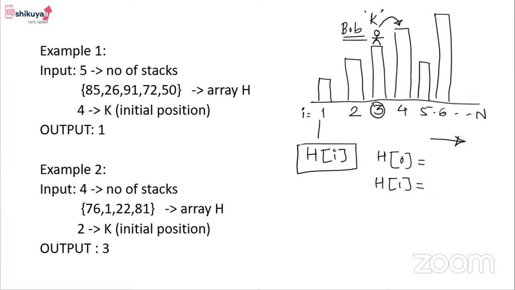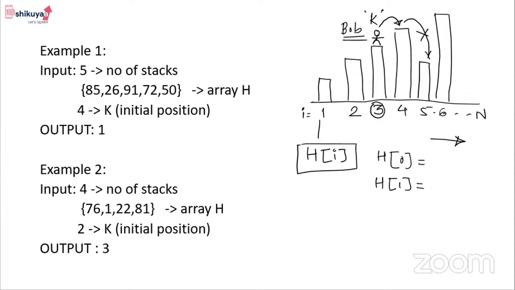Now, if you check over here, stack number 5 is smaller in height than stack number 4, so he cannot jump from stack 4 to stack 5. Why? Because the condition is that Bob can only jump from one stack to another if the next stack has greater height than the current stack.